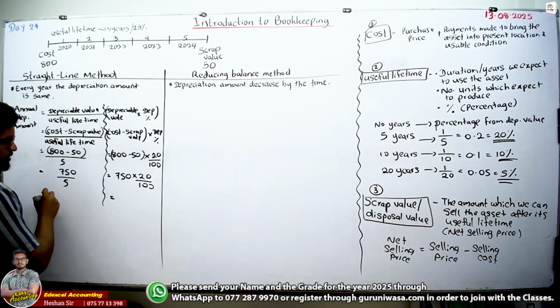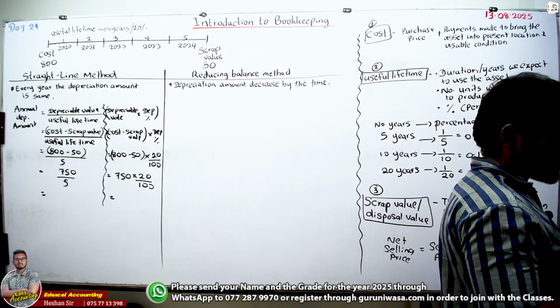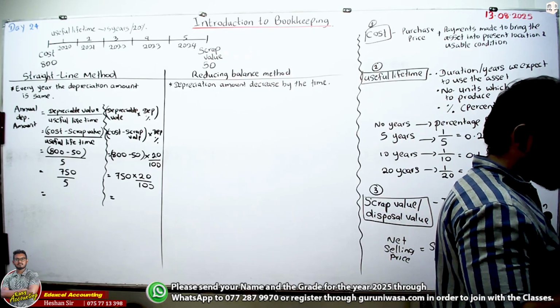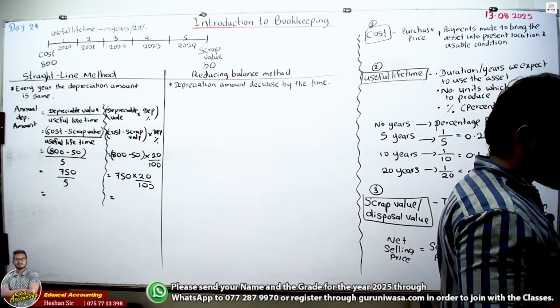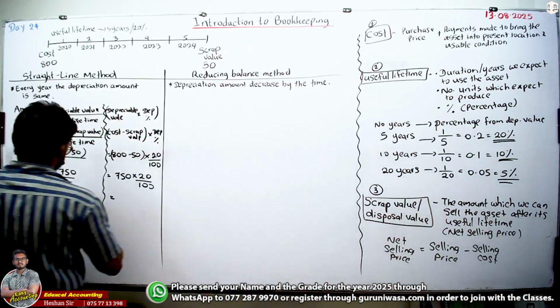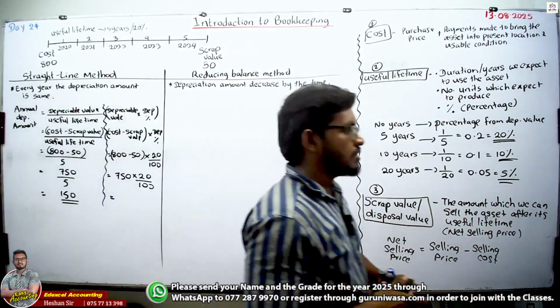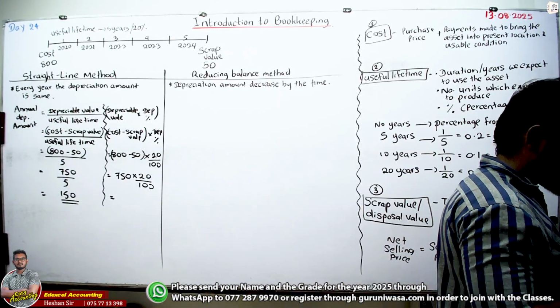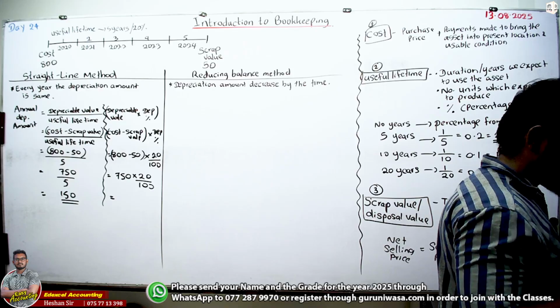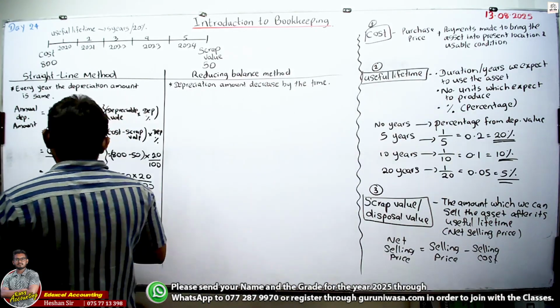How do we get it? 750 divided by 5 is 150. And 750 times 20 divided by 100 also gives 150.